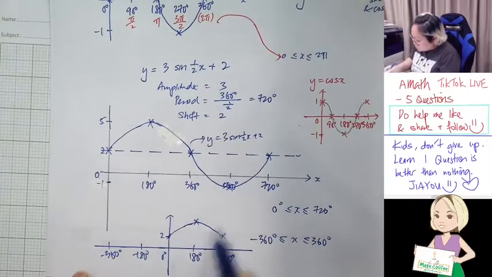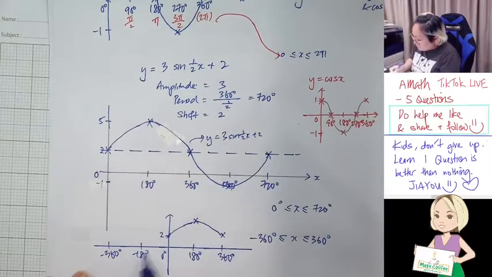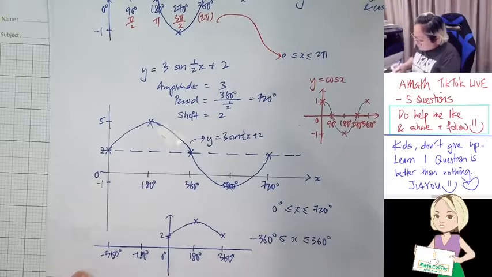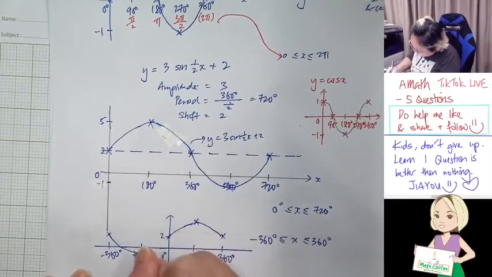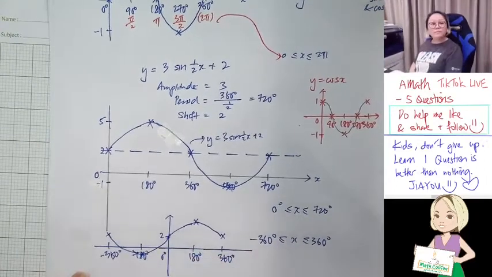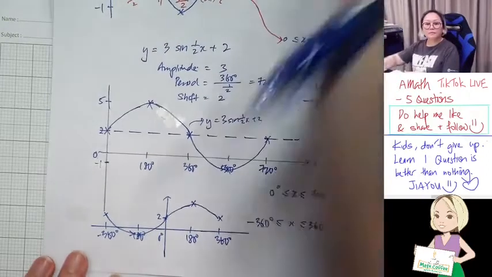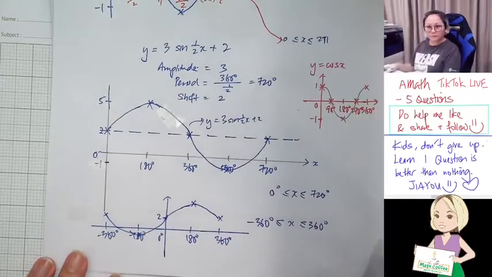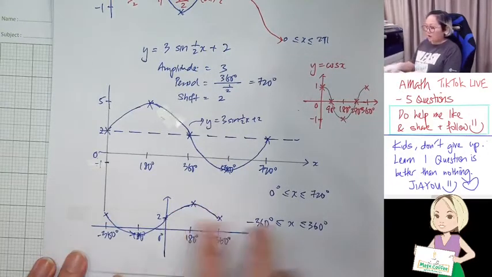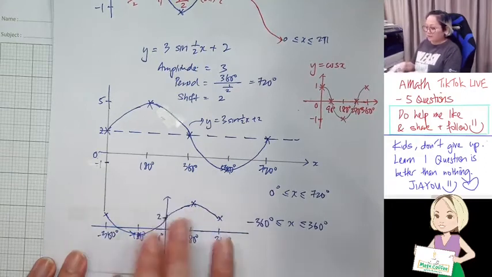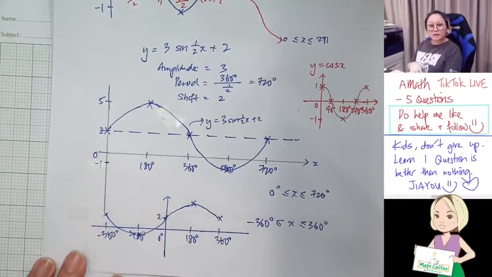That means you will go down to minus 1 here, and then come back to 0 here. So this will look like that. So if they ask you to draw from negative, don't worry, just draw up to 360, then the other side is a continuation. Can?